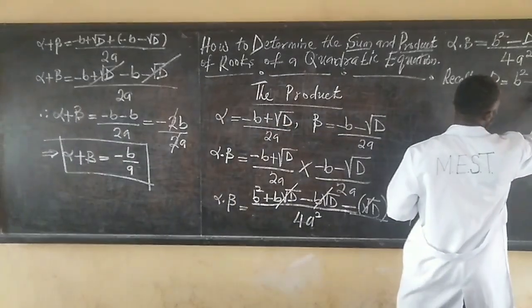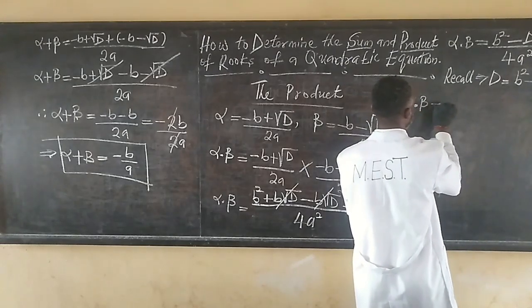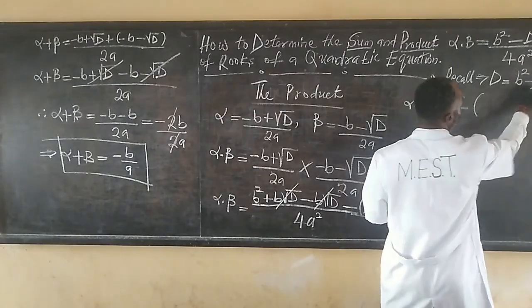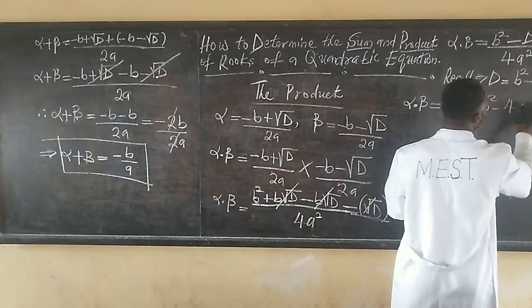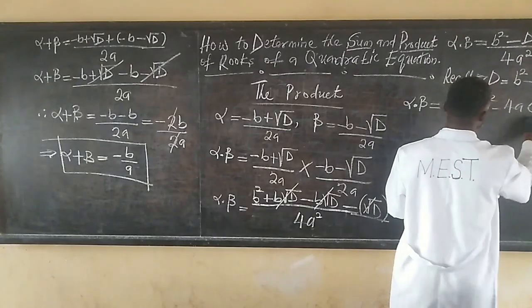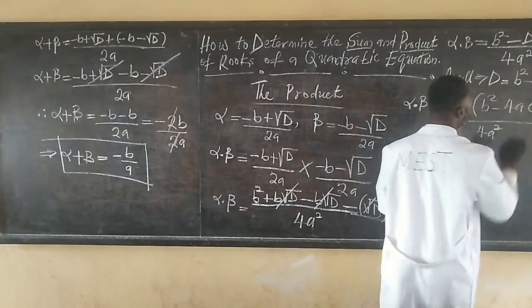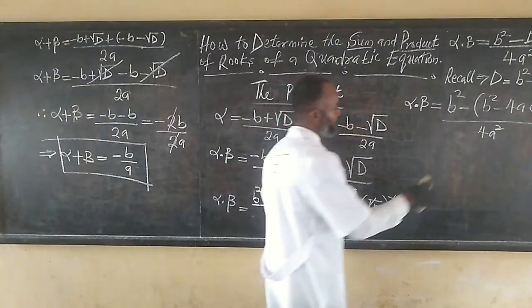So we now have alpha dot beta is equal to b squared minus, bracket open, b squared minus 4ac, bracket close, all over 4a squared.